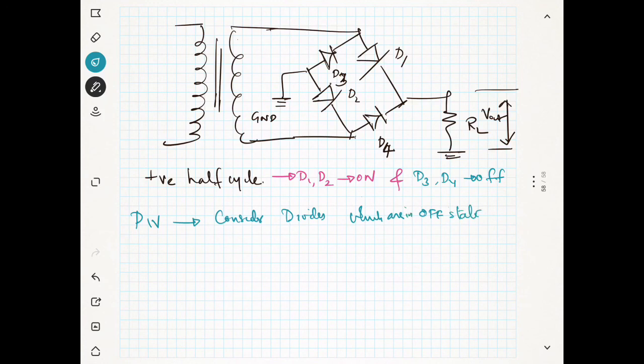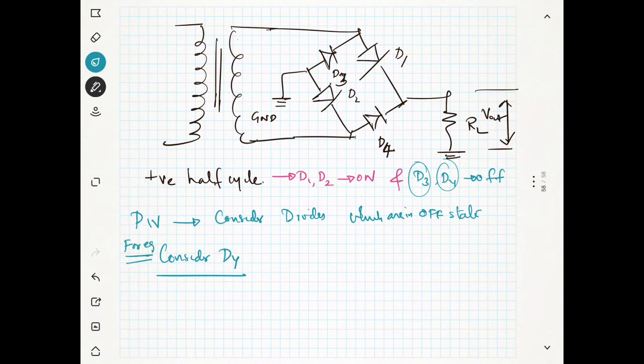You can take any of D3 or D4. Let's say I consider D4.